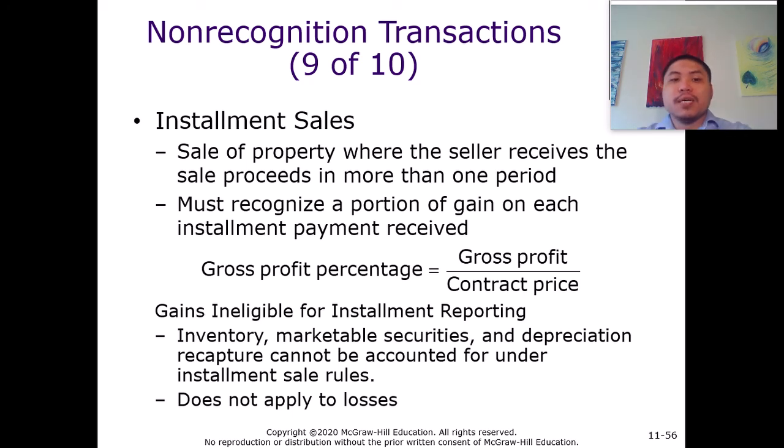But still, the taxpayer has to recognize a portion of the gain at the current time. And every time an installment comes in, they have to recognize a portion of the gain. They do that by applying a ratio called the gross profit percentage, which is the gross profit divided by the contract price, right?